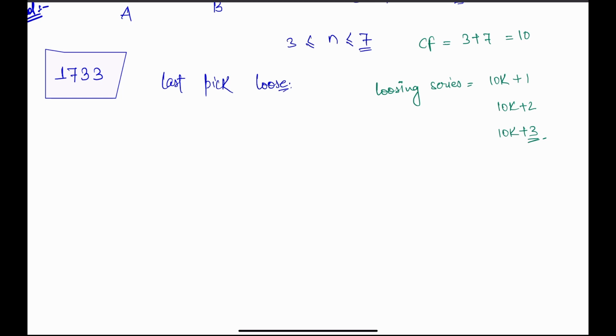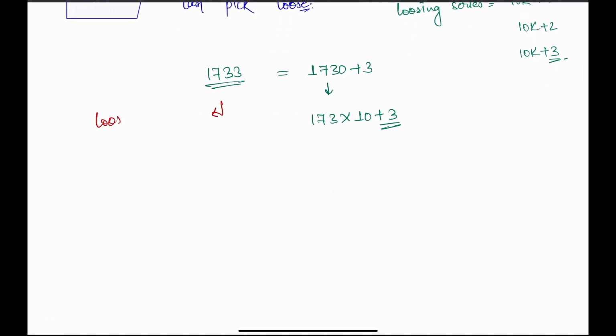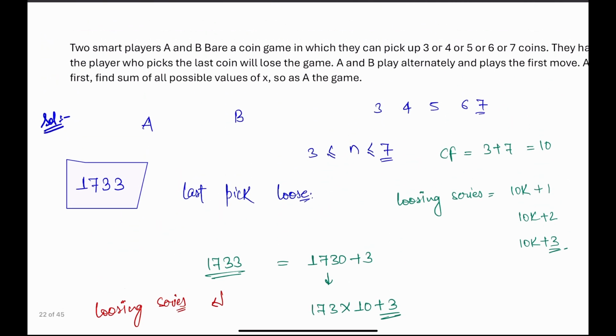So 1733 can be written as 1730 plus 3, or 173 into 10 plus 3. So this number is already in the losing series. No matter what the person chooses, he will surely lose. So the sum will be 0.